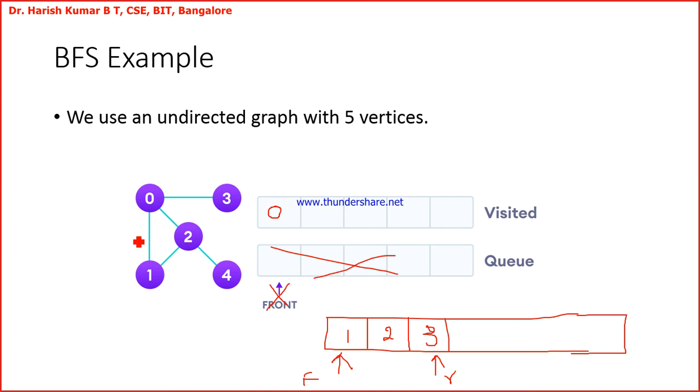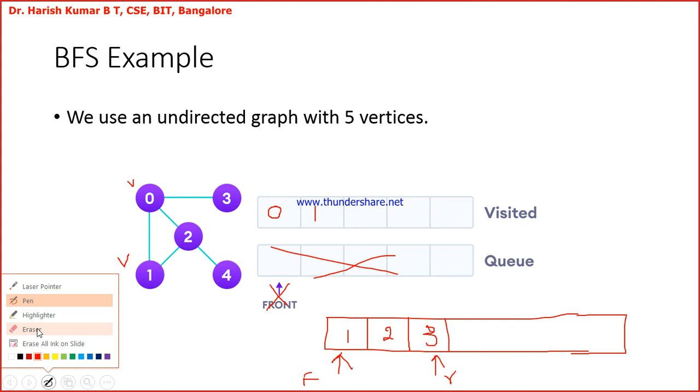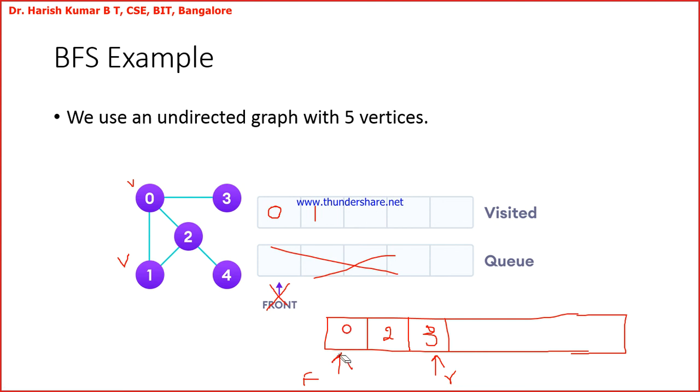Okay, next what we do now. I have visited 0 already. Now front is pointing to 1, so the next node to visit is 1. So 1 is visited. When 1 is visited, I have to remove that from the queue, that means it is deleted and front is pointing to 2.